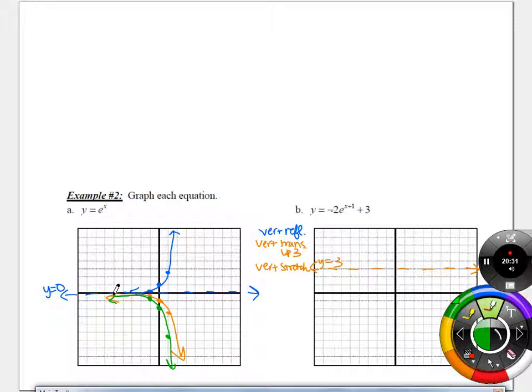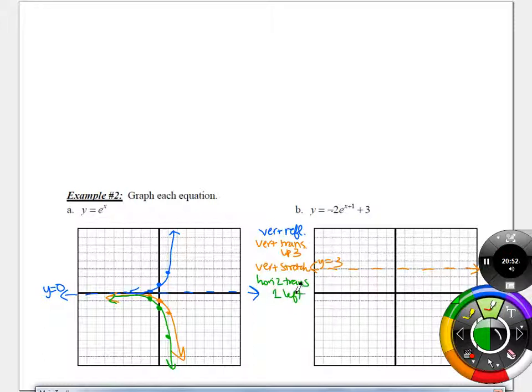All right. So now I could take these green dots and just draw them up 3, and I would be good. Except there's one transformation we haven't got yet. More? Good. Because of the plus 1 on the exponent, we have to horizontally translate 1 unit to the left.